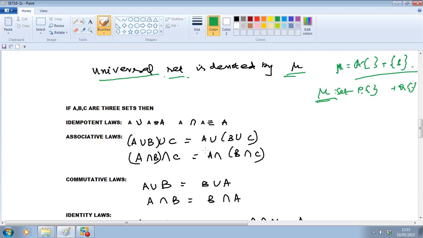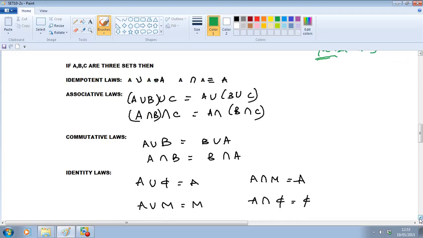If A, B, C are three sets, we can see, applying the same law, the idempotent laws. First, idempotent laws: A union A is identically equal to A only. The same elements repeated is identically equal to A only. Now, this is the associative law.